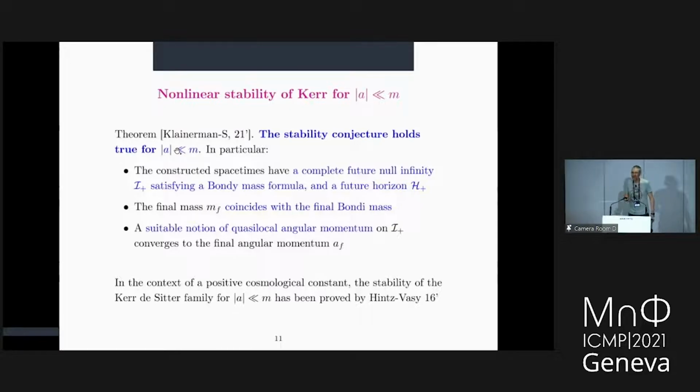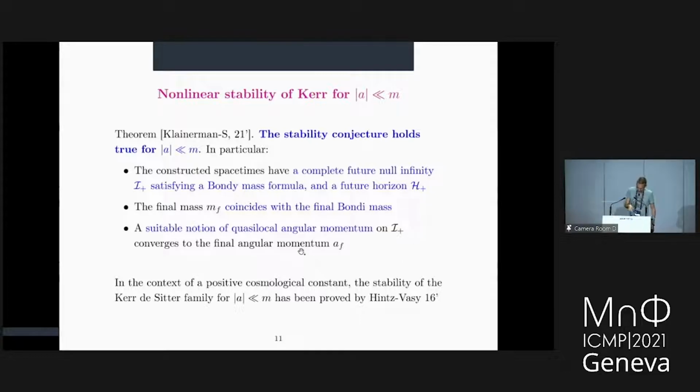And let me show some conclusions here. In particular, the constructed spacetimes have a complete future null infinity, satisfying a boundary mass formula, and a future horizon. For non-experts, these statements might not be very enlightening, but let me just say that these are the natural statements you would expect if you are able to prove stability.